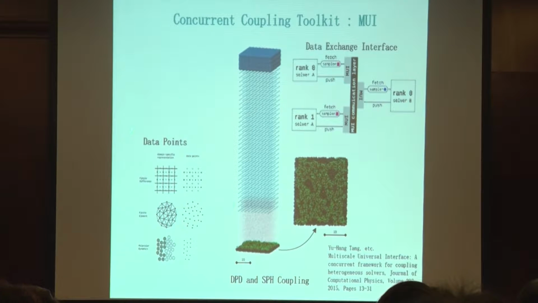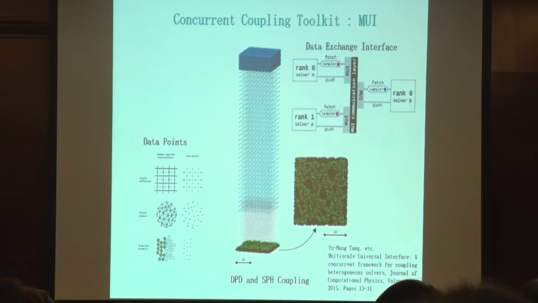So it defines general data points to try to abstract different numerical methods. For example, here you have finite difference, you have finite element, you have molecular MD methods. Traditionally, if you have a finite difference, you have to define all your grid points this way. And in finite element, you can define unstructured points, which is better if you want to describe complex shapes.